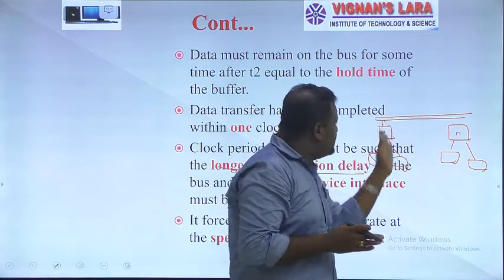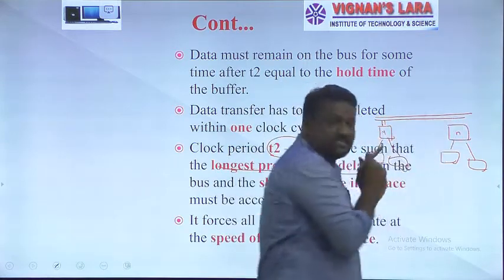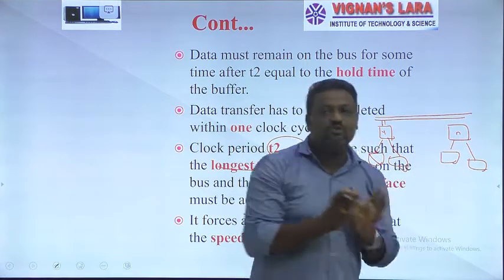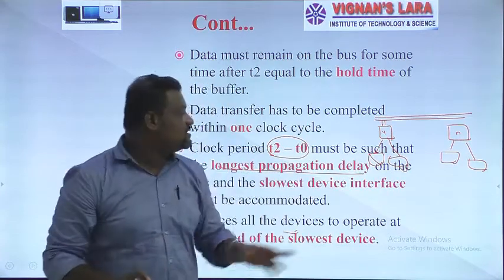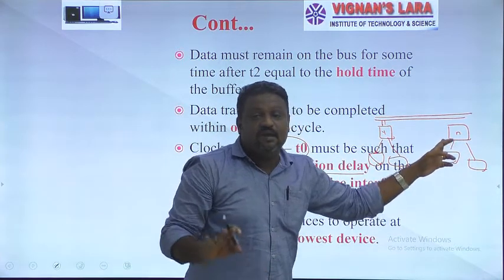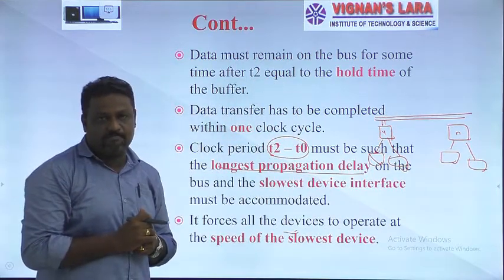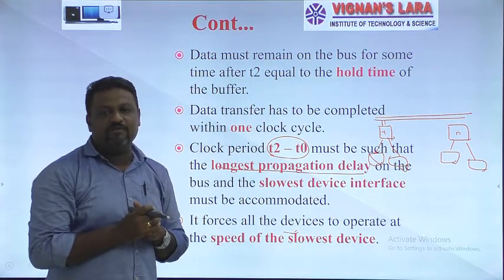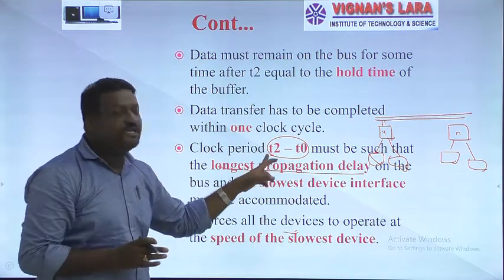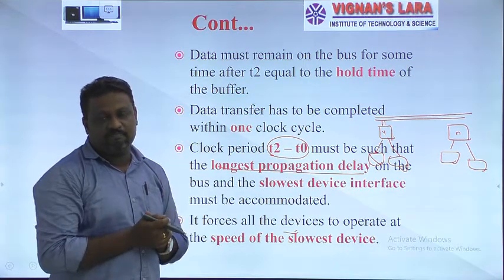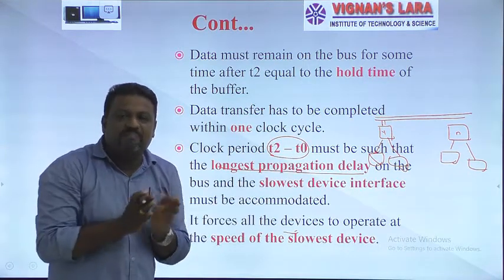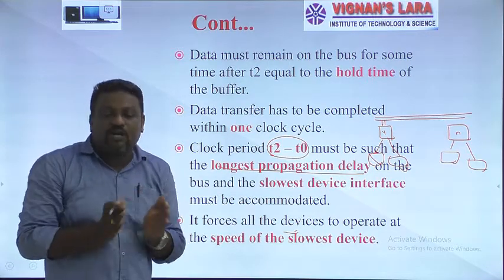Now if I want to communicate with this device, definitely I have to consider how much time this slowest interfacing device takes to take an action over this bus. So that is also something we have to consider to decide the value T2 minus T0, because T2 minus T0 is our complete bus cycle or complete clock cycle.